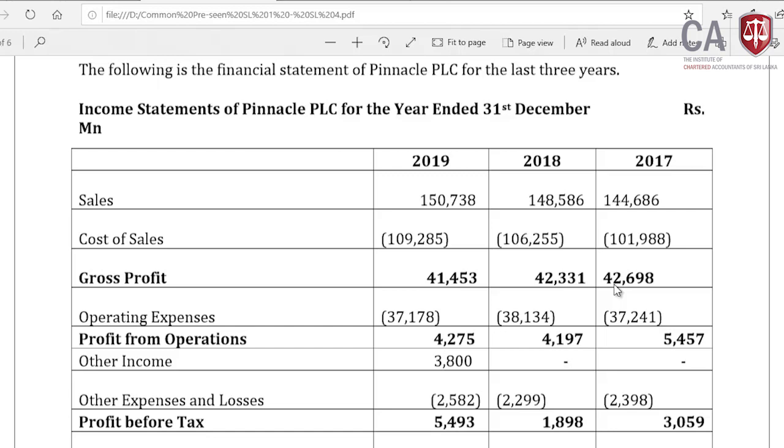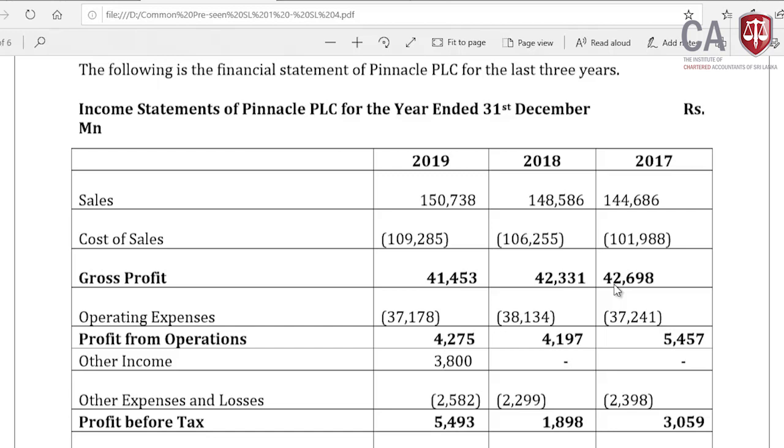Carefully look: 2017, 42,698 million, 2018, 42,031 million, then 2019, 41,453 million.